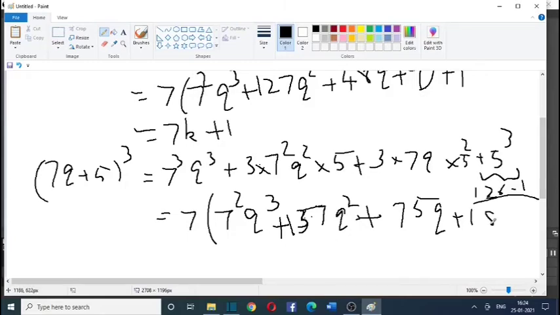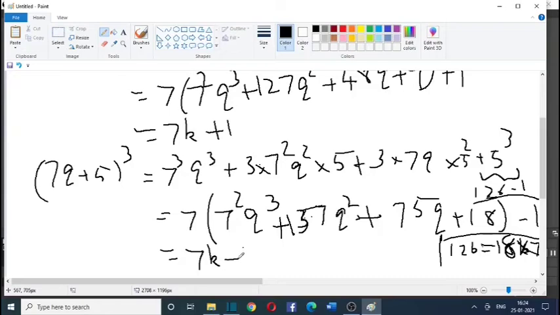So this is 18 minus 1, 18 into 7. So this is also in the form 7k minus 1.